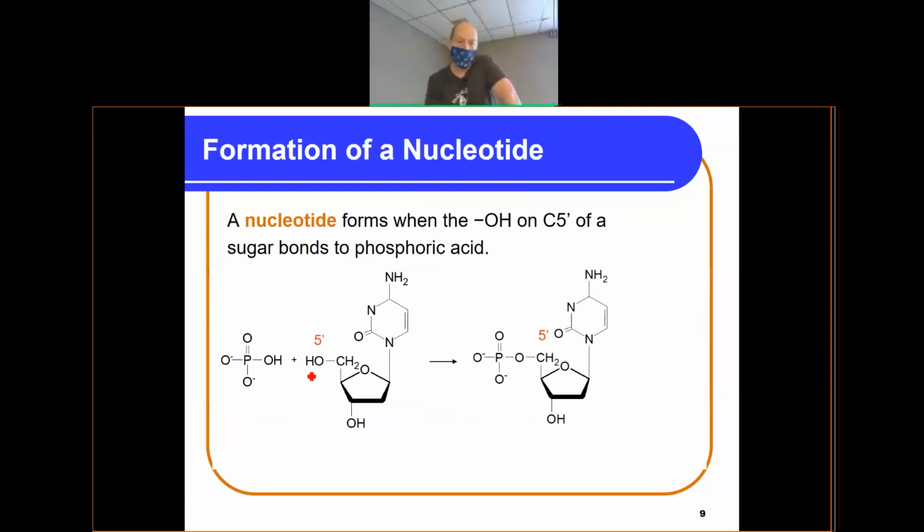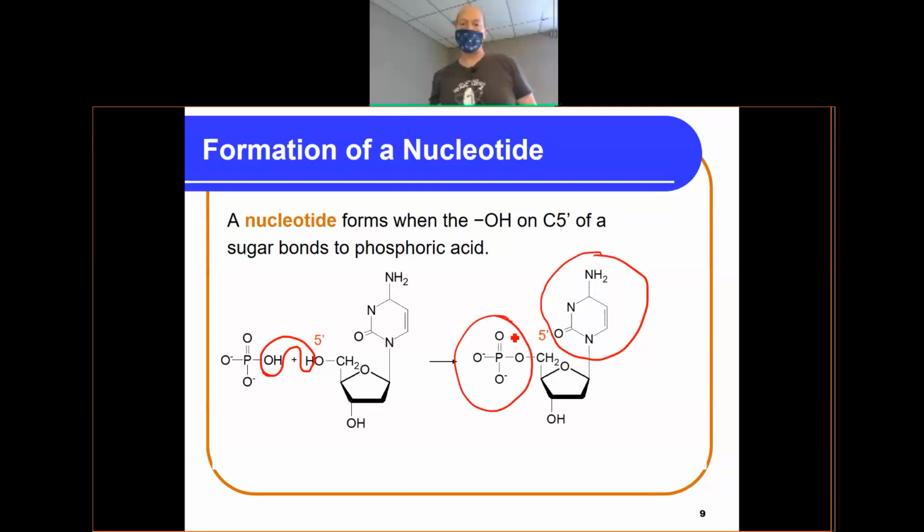And the reaction to get the phosphate on there is again a loss of water. You take the OH from your phosphate and your H from your 5' hydroxyl, and this forms your nucleotide. So in the nucleotide you've got your nitrogen base off of carbon 1, your phosphate off of the 5' carbon, and this tells you that we are looking at DNA.